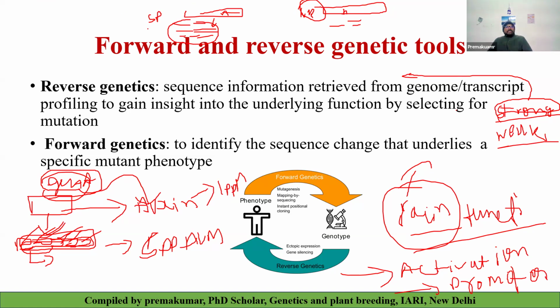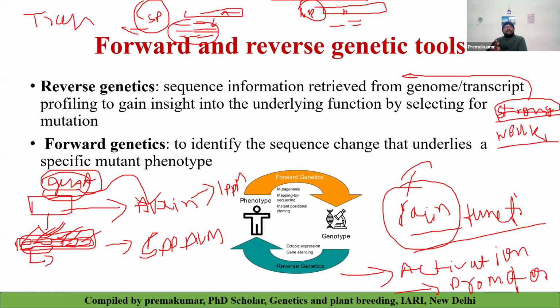If you replace a weak promoter with a strong promoter by any transgenic technology or insertional mutation, we are just modifying the promoter. We are increasing the function of the gene, and then we can study the phenotype.